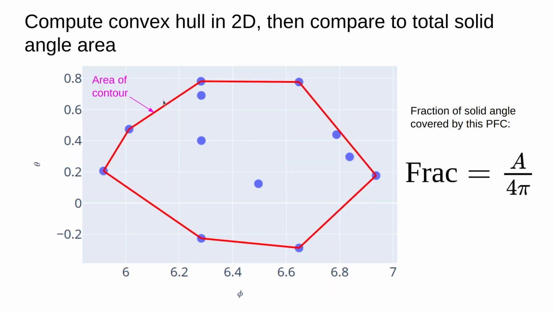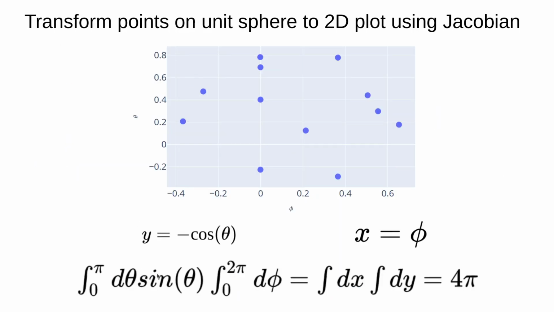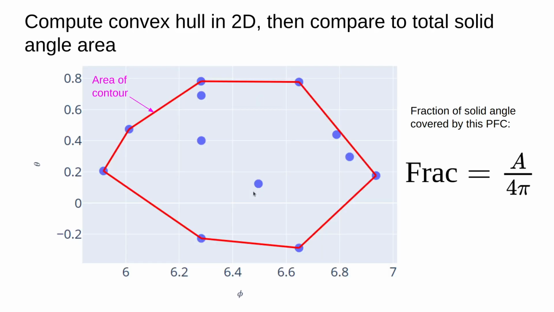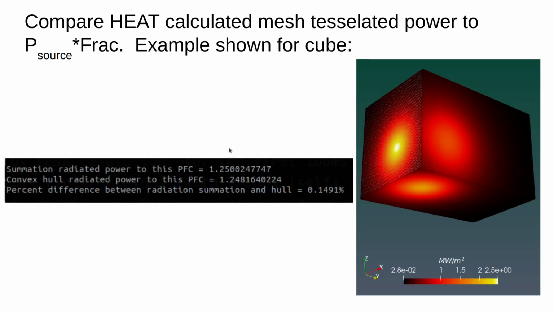We can then construct, and there's some math down here if you want, this convex hull, which is the shape that bounds all of the points. Then we calculate the area of that hull, and if we divide the area by 4 pi, we should get the fractional component of the power that will land on the mesh.